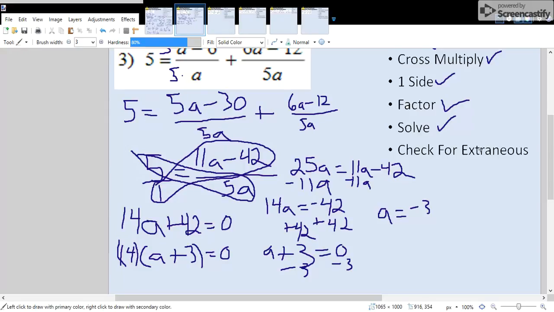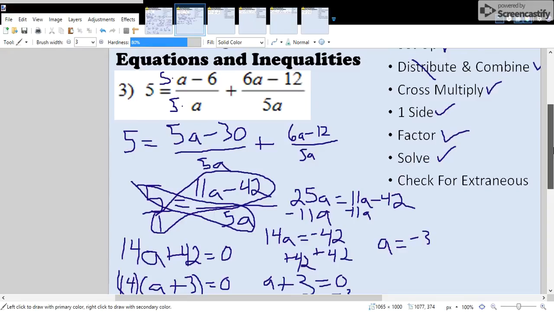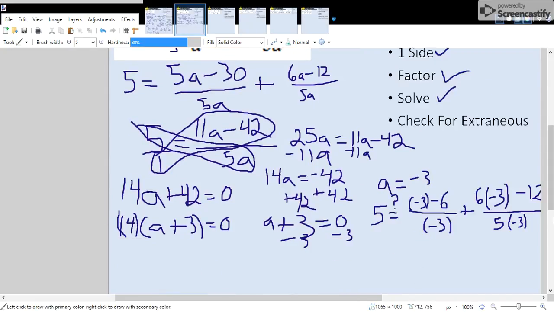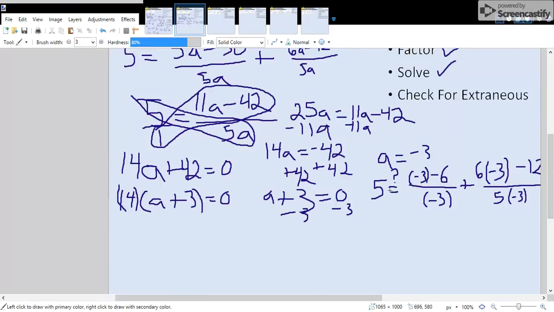Okay, our last step, step 7, we're going to check for extraneous solutions. So we're going to go ahead and substitute wherever we see an a in the original, we're going to plug in negative 3 instead to get something that will look like this. We have, is 5 equal to negative 3 minus 6 all over negative 3 plus 6 times negative 3 minus 12 all over 5 times negative 3.